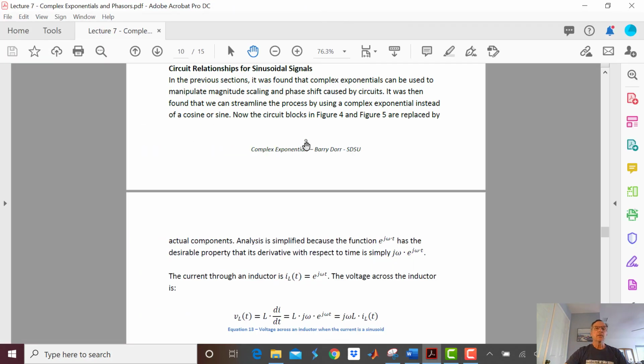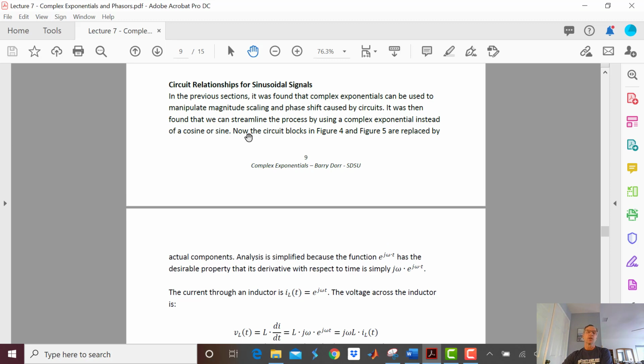Okay, so now let's look at circuit relationships for sinusoidal signals. So in the previous section, we found that complex exponentials can be used to manipulate magnitude scaling and phase shift caused by circuits. And we found then that we could streamline this process by using a complex exponential instead of a cosine or sine.